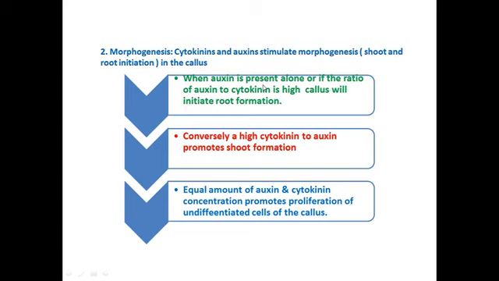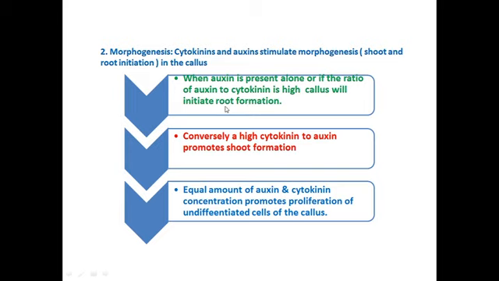When auxin is present or the auxin to cytokinin ratio is high, the callus will initiate root formation. Here you can say when the auxin concentration is higher than the cytokinin concentration in the callus, root formation will start in the callus.